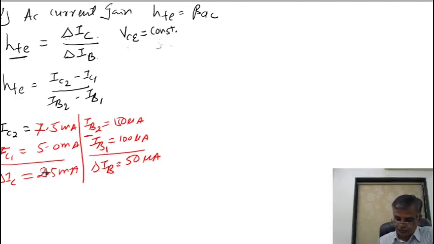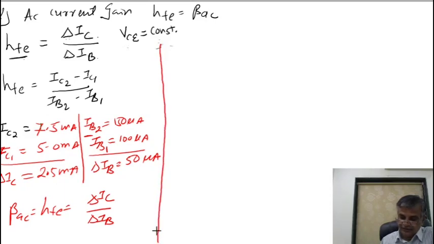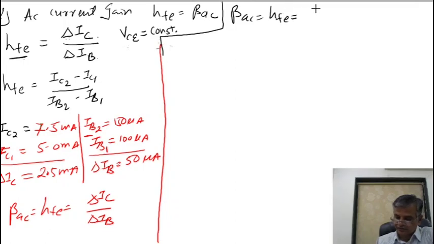So you can calculate beta AC or HFE: change in collector current upon change in base current. Beta AC or HFE is nothing but 2.5 milliampere upon 50 microampere.